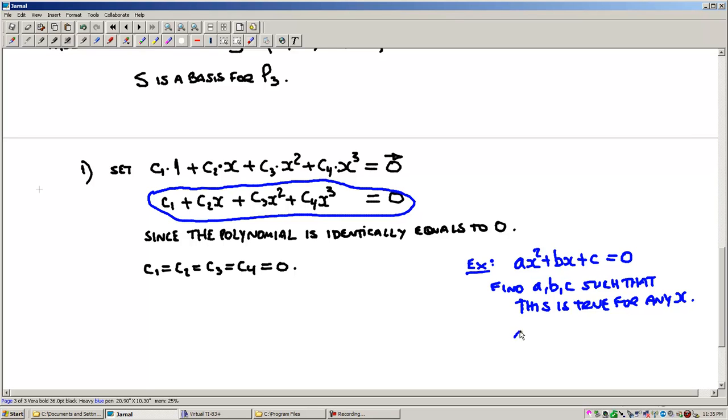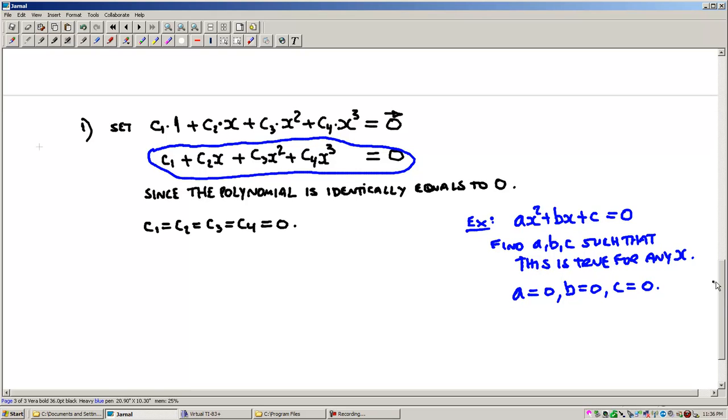Well, then the only possibility is that a needs to be equal to 0, and b needs to be equal to 0, and c needs to be equal to 0. That's the only way that this can be satisfied, okay? So it's the same case here, but this is just for a third-degree polynomial. This can only be satisfied for any x if the c1, c2, c3, c4 are all 0, okay? We're not solving for x, we're solving for the c's.